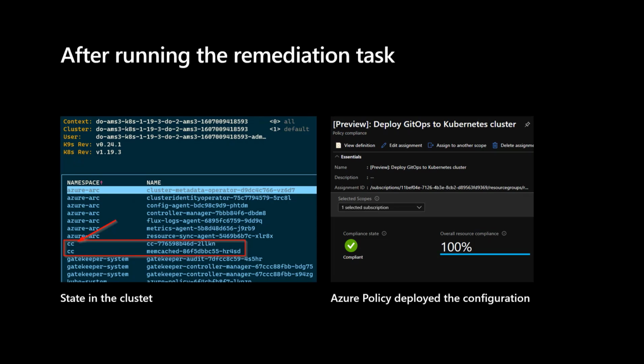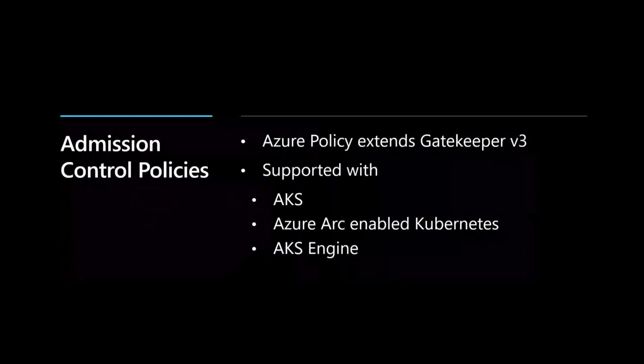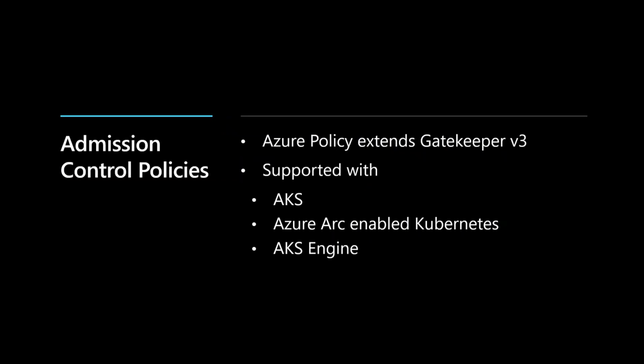But don't forget to turn on remediation as well. So it's a policy that needs remediation turned on with a remediation task so that it can fix what is not working, right?